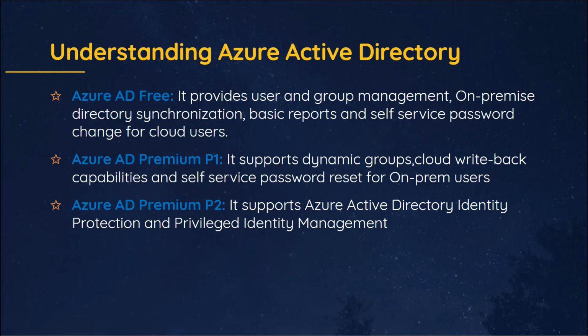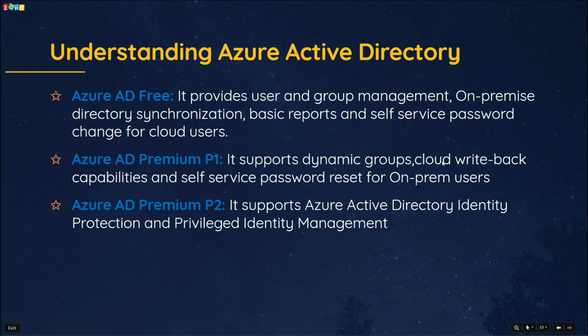So we can do all that in Premium 1. And Azure AD Premium 2 gives identity protection. For example, it automatically identifies risks and gives remedies. And privileged identity management is nothing but fine-grained control over a resource, or deep monitoring of a resource. All this you can do in Azure Premium P2.